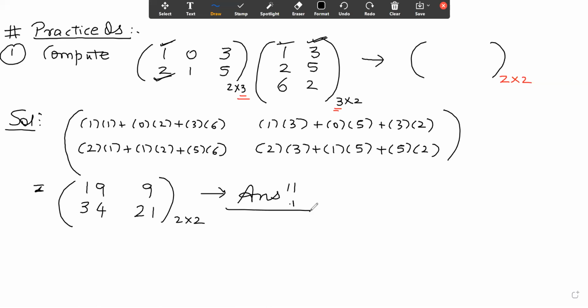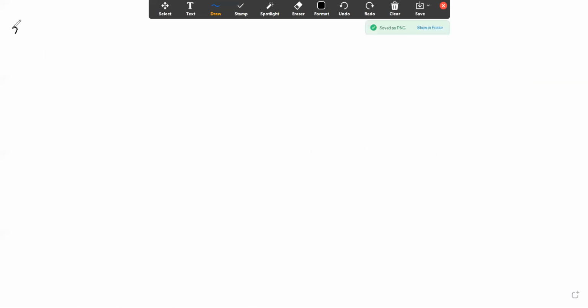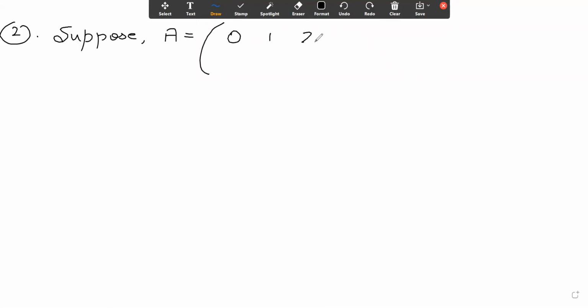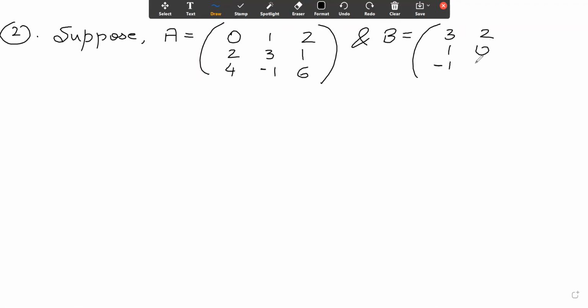Okay, let's work out the second question. Suppose the matrix A is 0, 1, 2, 2, 3, 1, 4, -1, 6, and the matrix B is 3, 2, 1, 0, and -1, 1.